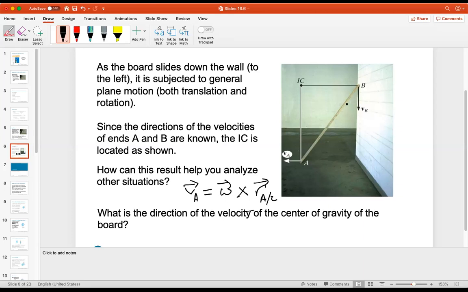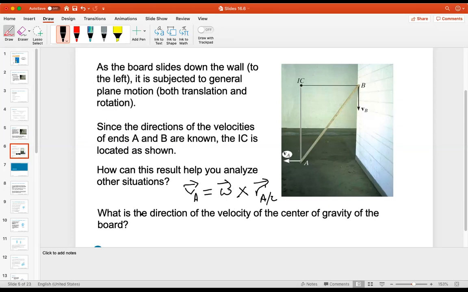And furthermore, because the object is rigid, all points would have the same omega. I suppose if you had a rubber sheet, this concept probably wouldn't be much use, because if the board could flex, then you could get different omegas at different points along the board. But as long as it's a rigid board, then this is a useful concept.